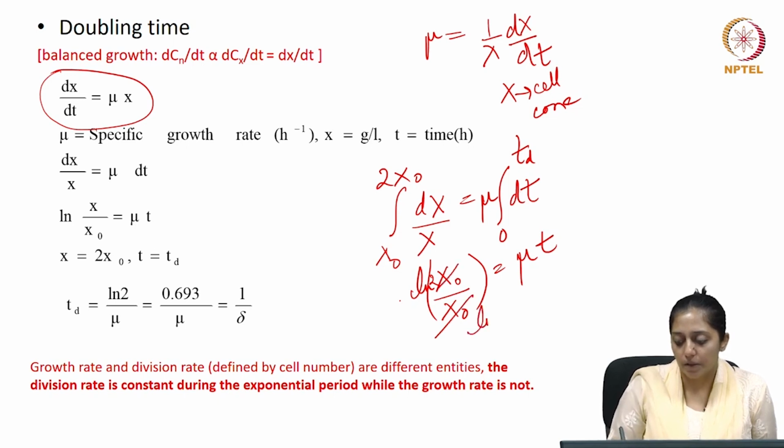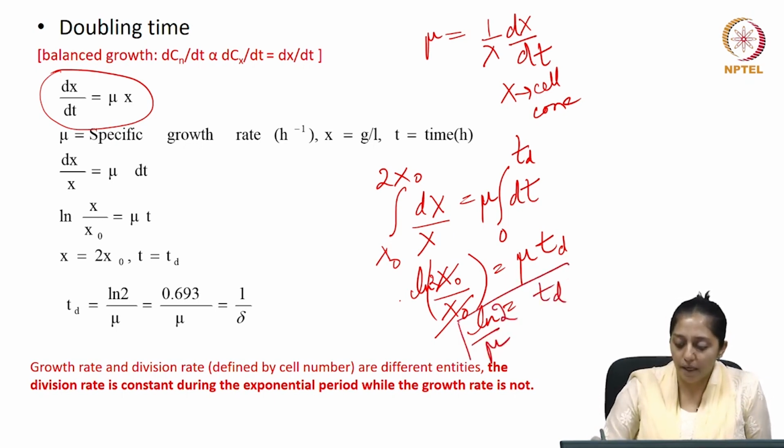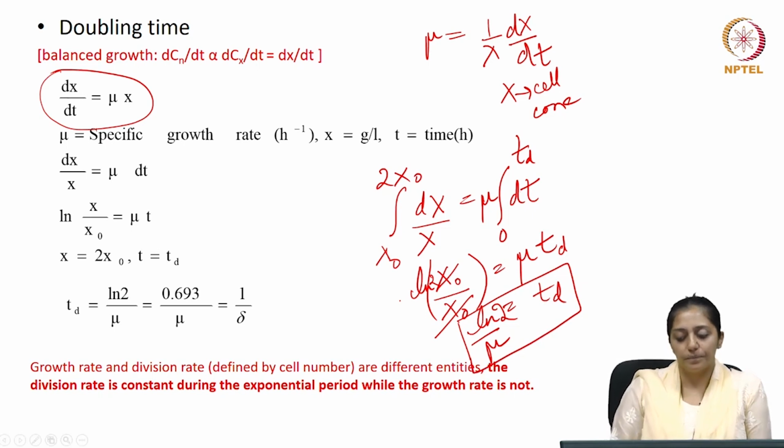So, then your doubling time becomes ln 2 by mu.